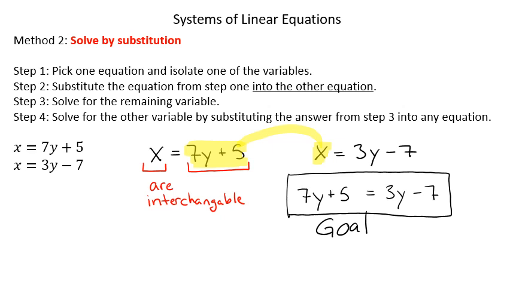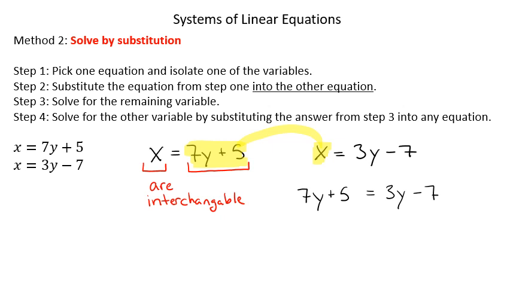But this is what you want. Because when you have one equation with one variable, you can solve for one single solution. So that's our goal. That's what we have here.